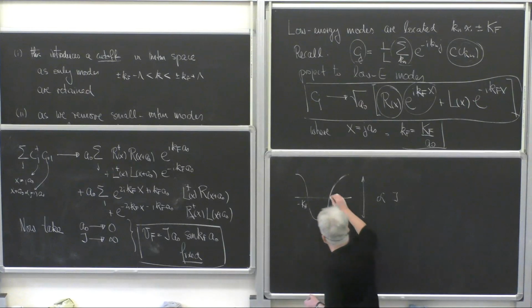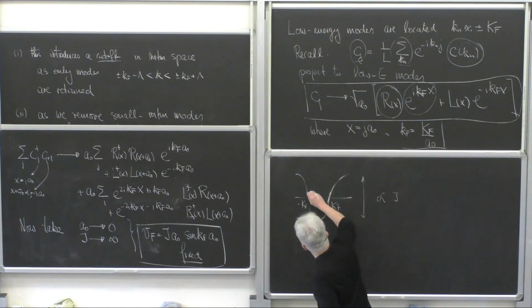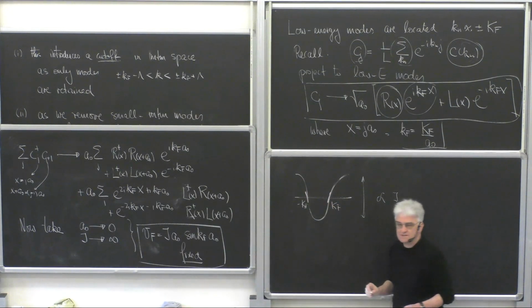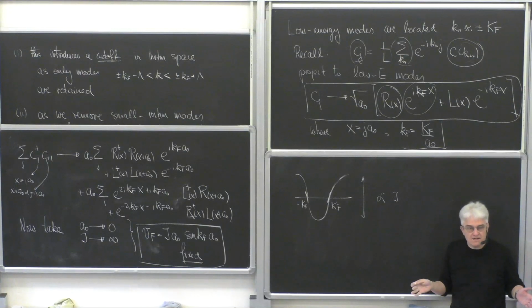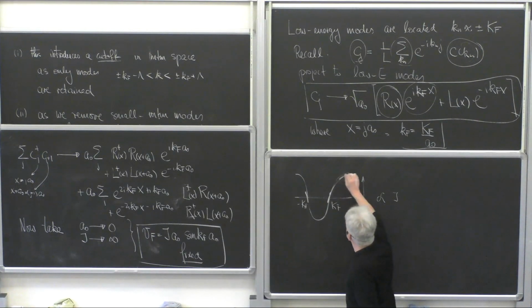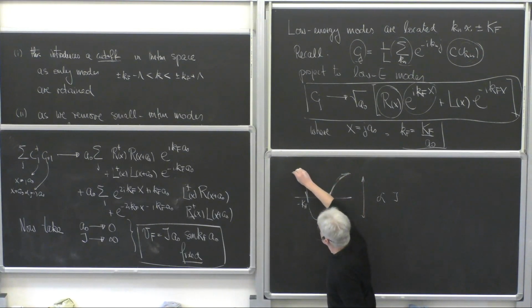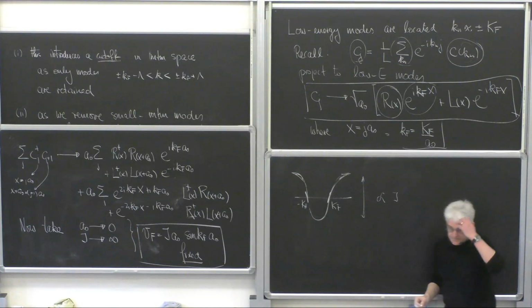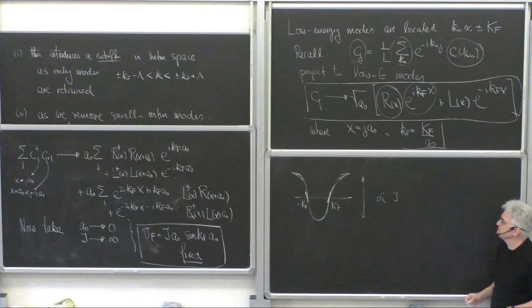Now, the Fermi velocity sits here. This is where the low energy modes are. But you see what happens at the boundary of the Brillouin zone. That's lattice physics, some high energy physics, so the field theory can absolutely not describe this.